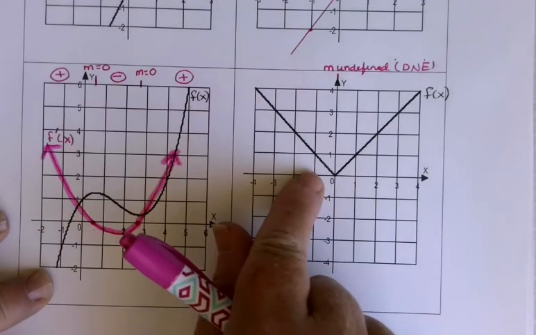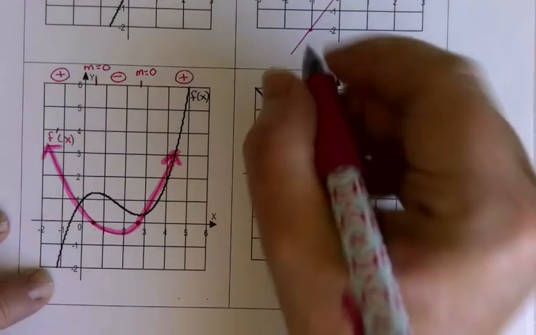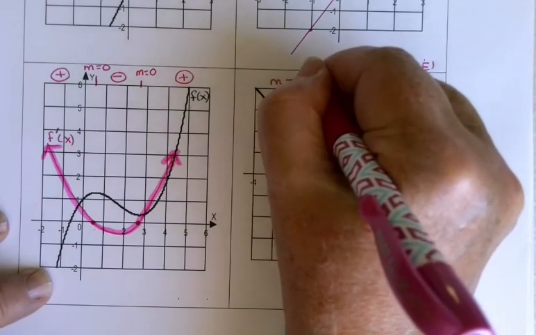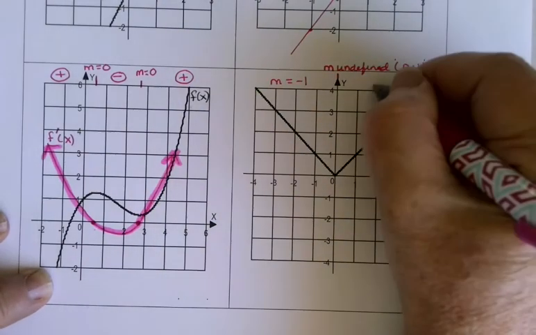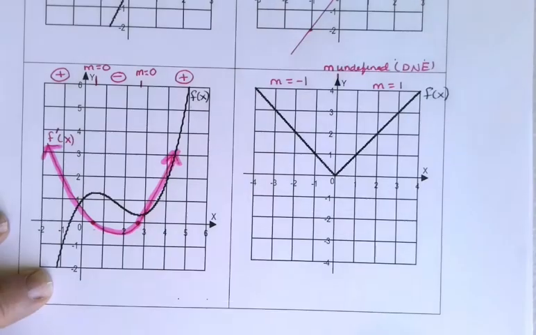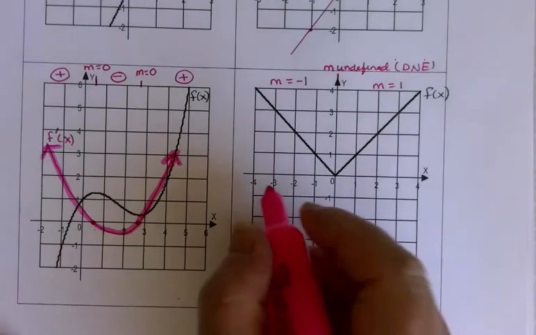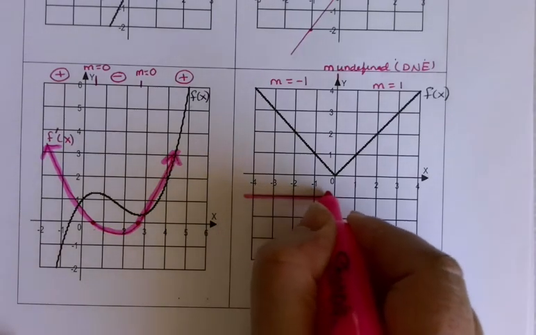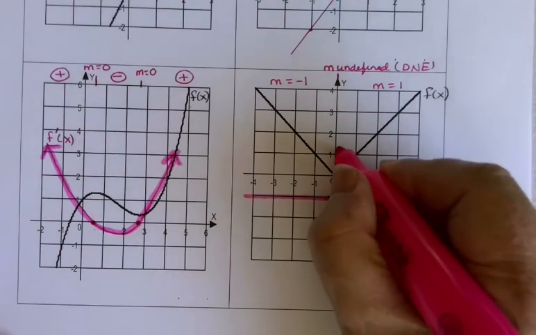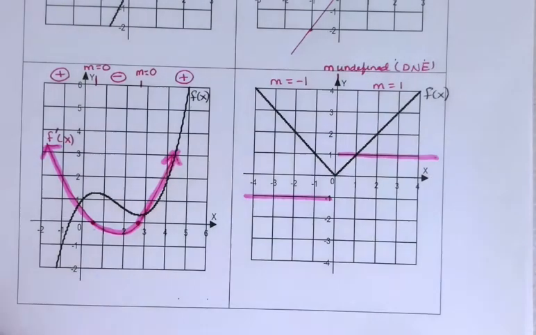On the left side, as we said, though, there's a constant slope of -1. And on the right-hand side, there's a constant slope of +1. So when I go to draw my derivative function, it's just the constant -1 over here and the constant +1 over there.